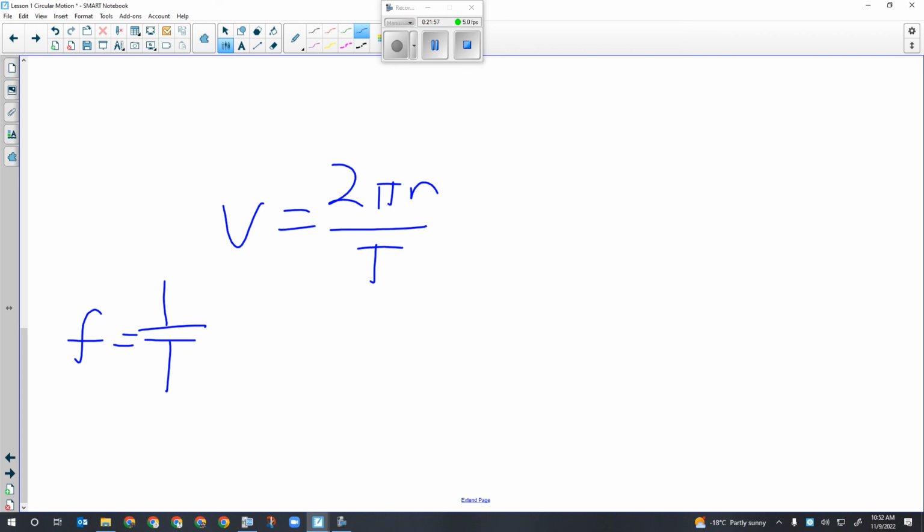Because really, what this formula is saying is 2 pi r times 1 over T. Well, is 1 over T f?